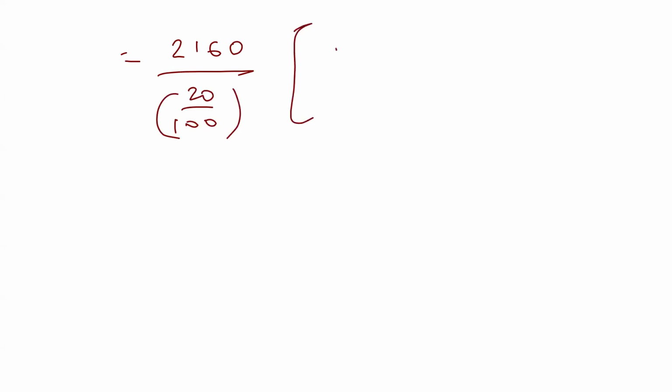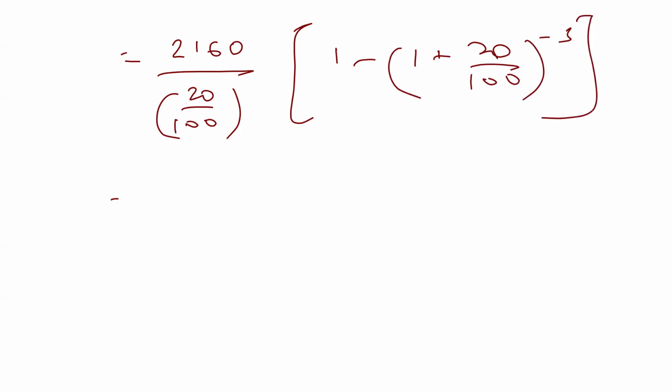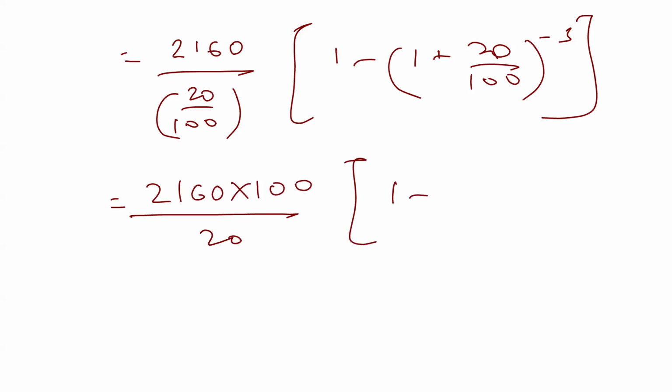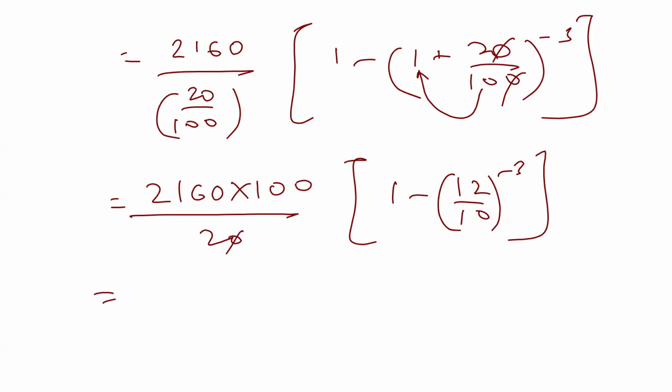So 2160 upon 20 by 100, 1 minus 1 plus 20 by 100 raised to minus 3. 2160 into 100 upon 20, 1 minus, 20 is getting cancelled. 100, 10 into 1, that is 10 plus 2, 12 upon 10 raised to minus 3. 0 0 getting cancelled, 1080 and one more 0. Okay, and this is 1 minus 1.2 raised to minus 3.